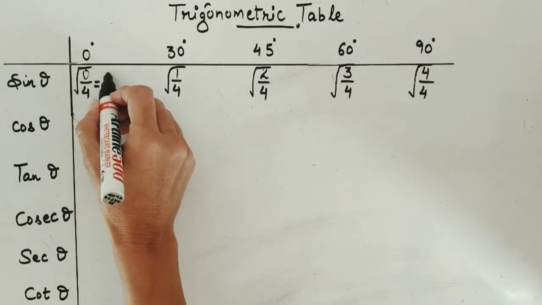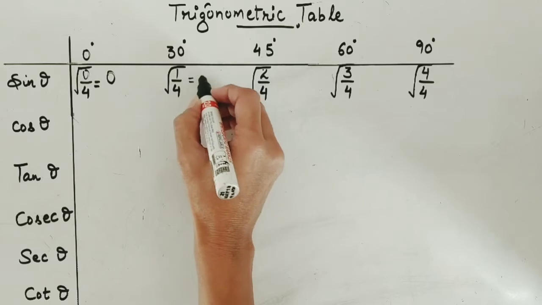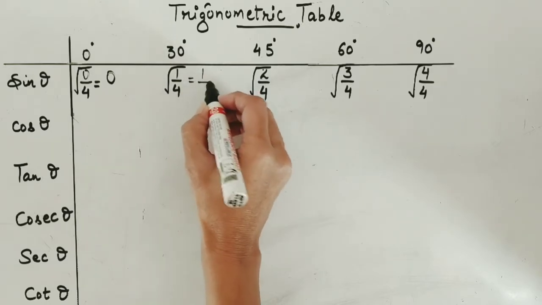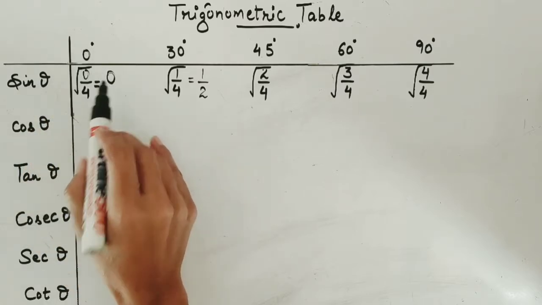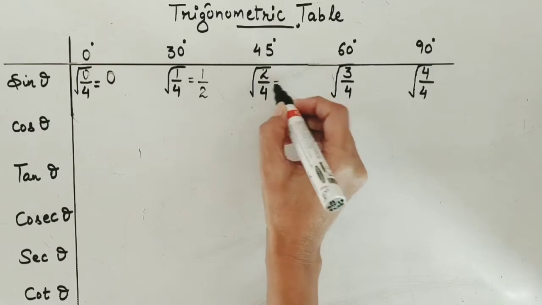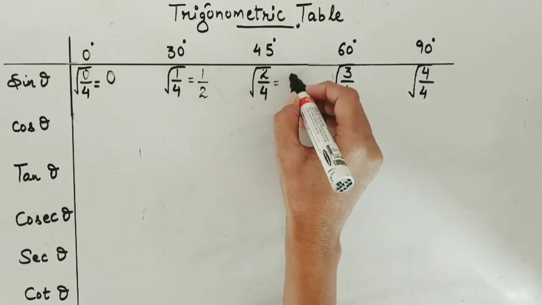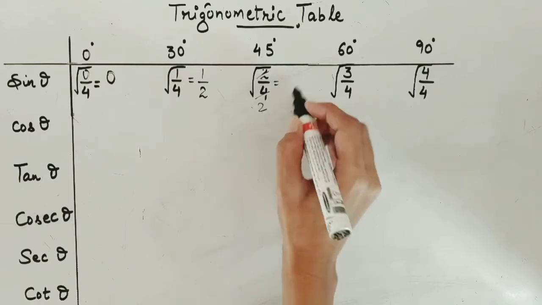0 by 4 would be 0. Square root of 1 is 1. Square root of 4 is 2. That means sine 0 degree is 0. Sine 30 degree is 1 by 2. Cancelling this would become 1, this is 2.